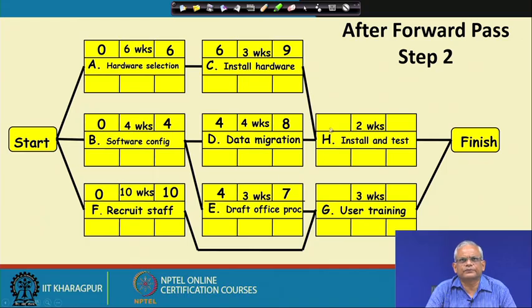In the next step, we will compute for H, but for H just see that it has 2 predecessors D and C, and both have to complete for H to start. Even though D completes at 8th day, end of 8th day, H cannot start on 8. It has to start on 9th, that is end of 9th day.